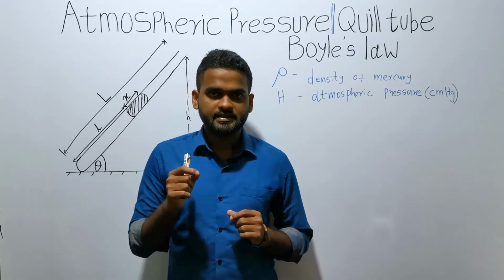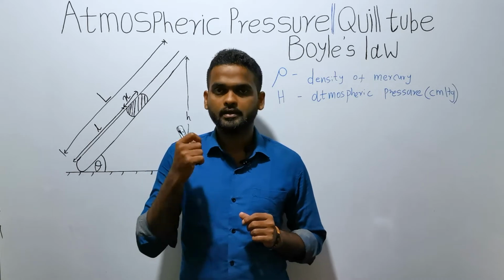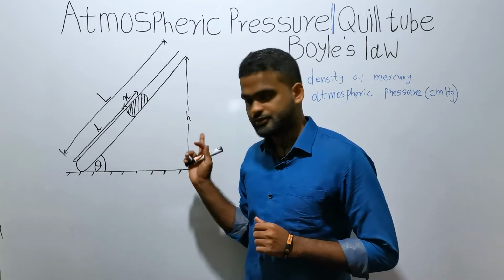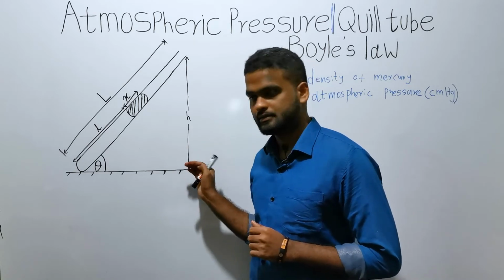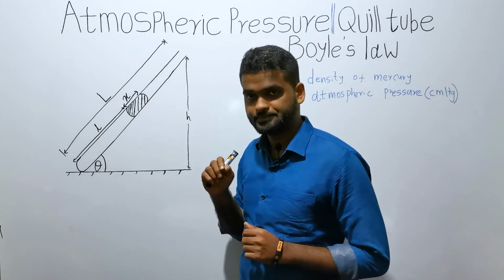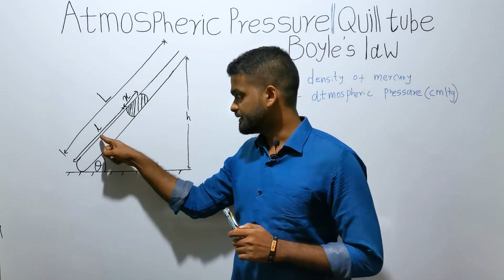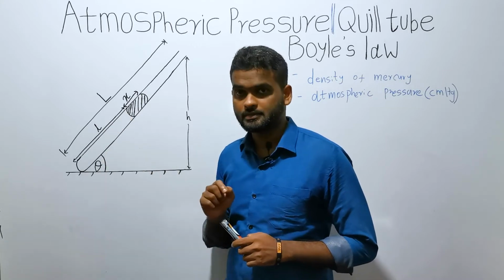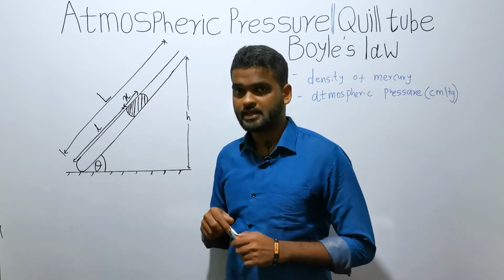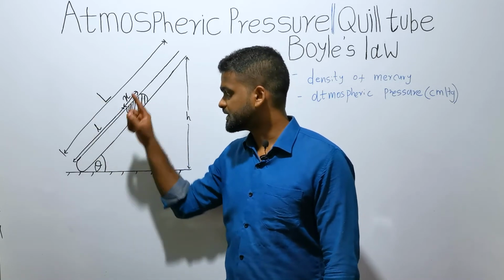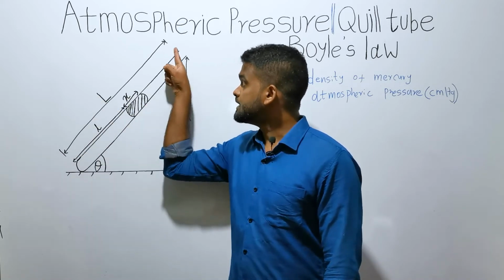Then let's consider the list of variables required for the experiment. Simple h is the vertical height from the table to the top of the Quill tube. Simple l is the length of the trapped air column. Simple x is the length of the mercury column, and capital L is the length of the Quill tube.